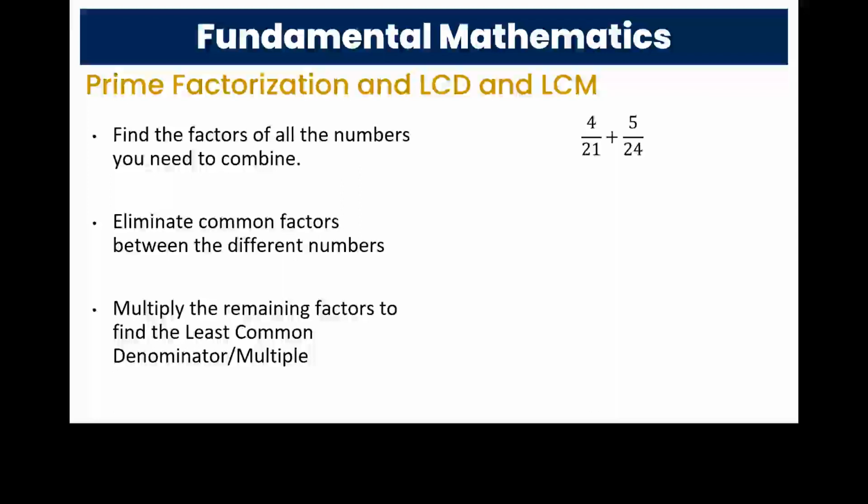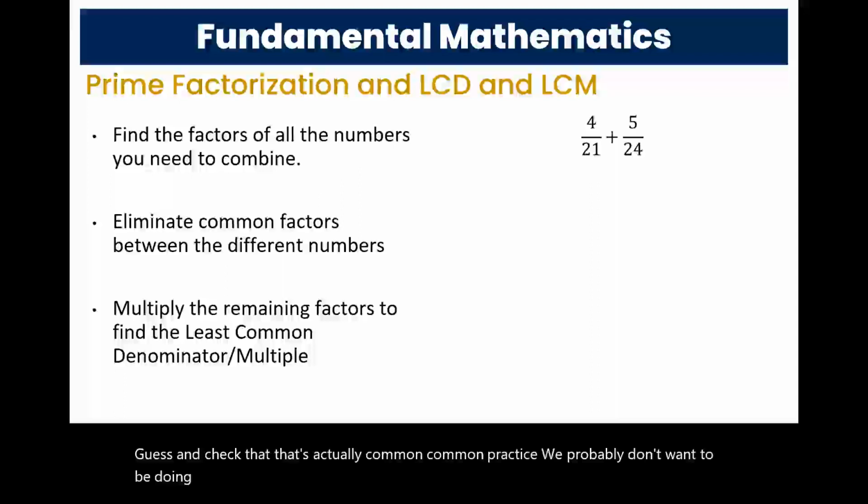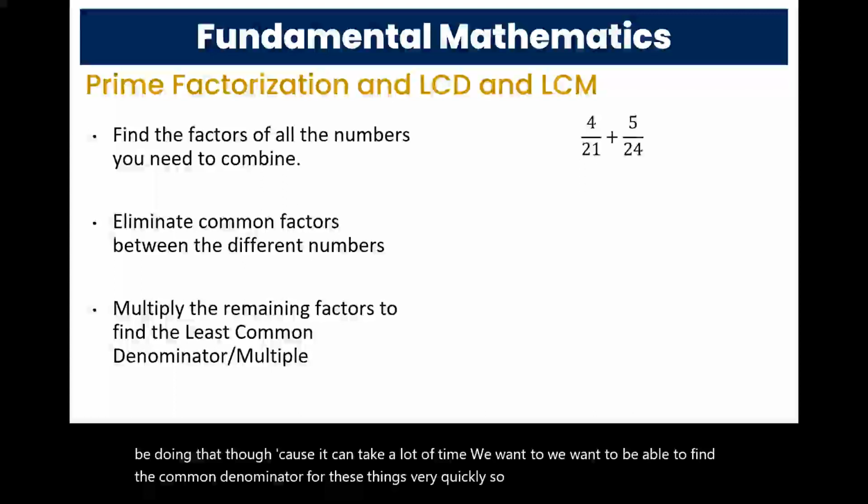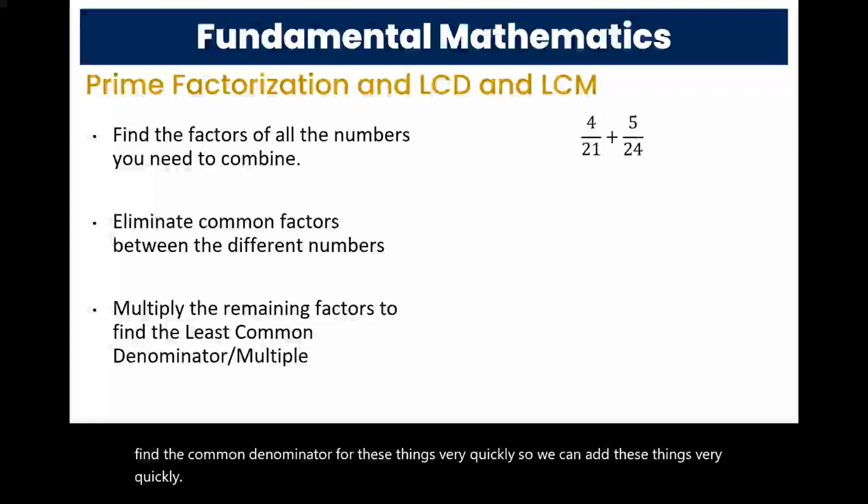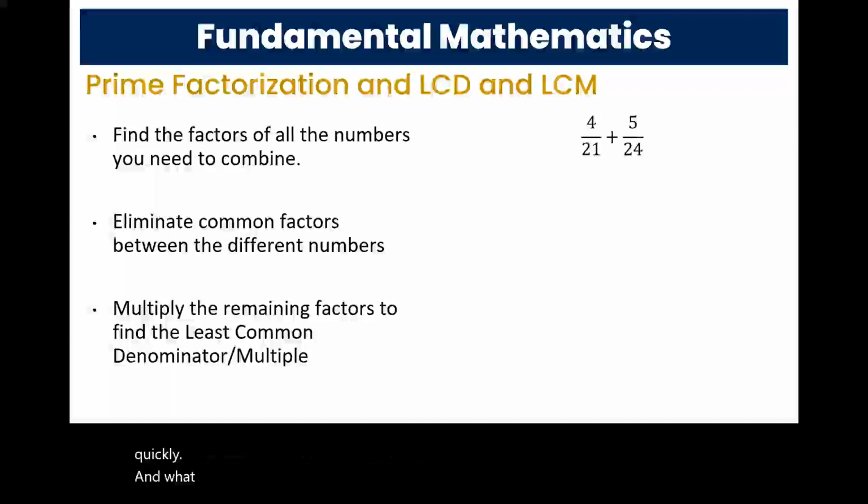Guess and check. That's actually common practice. We probably don't want to be doing that though, because it can take a lot of time. We want to be able to find the common denominator very quickly, so we can add these things very quickly. And what I'm guessing a lot of other folks are doing is multiplying the two denominators.